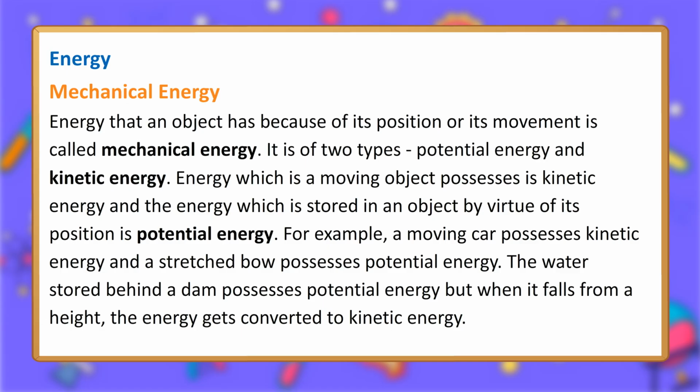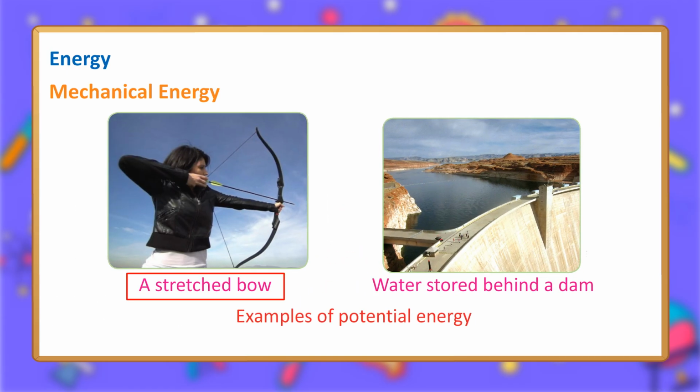For example, a moving car possesses kinetic energy and a stretched bow possesses potential energy. The water stored behind a dam possesses potential energy, but when it falls from a height, the energy gets converted to kinetic energy.